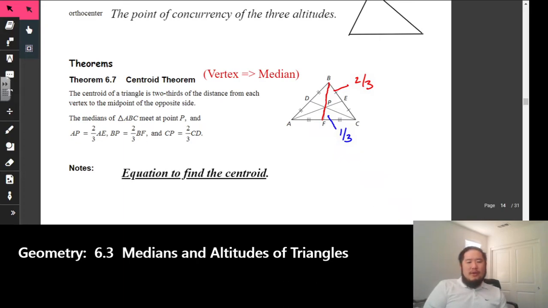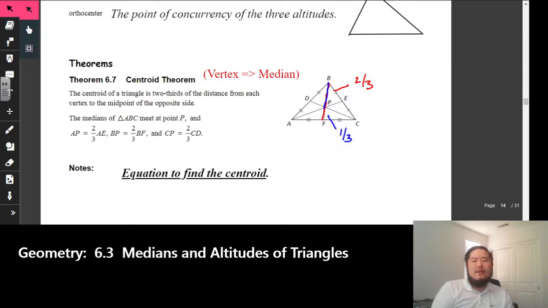So what they're showing you right here is this. To find B to P, if I needed to find specifically this segment right here, I would take 2/3 of the whole entire thing, which is BF. If you take 2/3 of segment BF, which is the whole thing, that'll tell you what BP is. Now, there's a reason why I told you about this 1/3 segment.